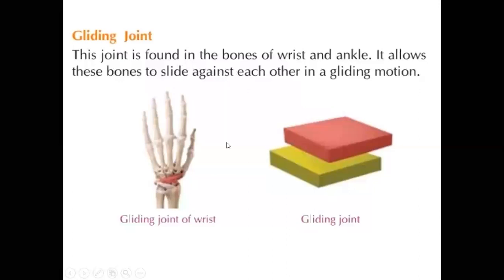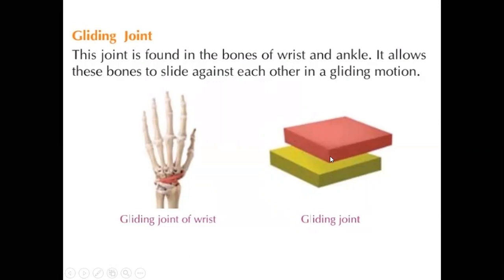Next, the gliding joint. The gliding joint is found in the bones of the wrist and ankle. The wrist is in the hand part, the ankle in the leg part. It allows these bones to slide against each other, the gliding movement.